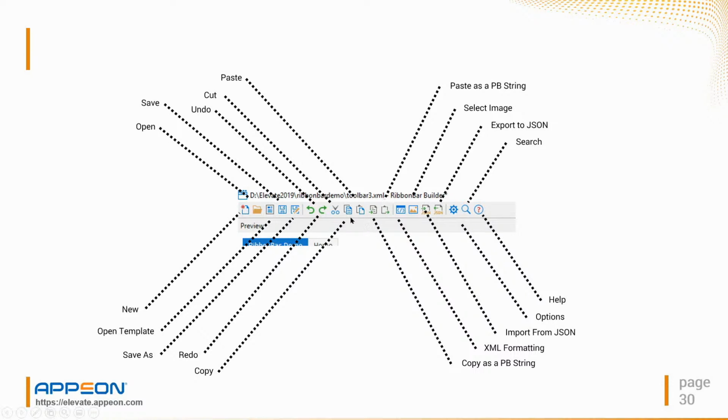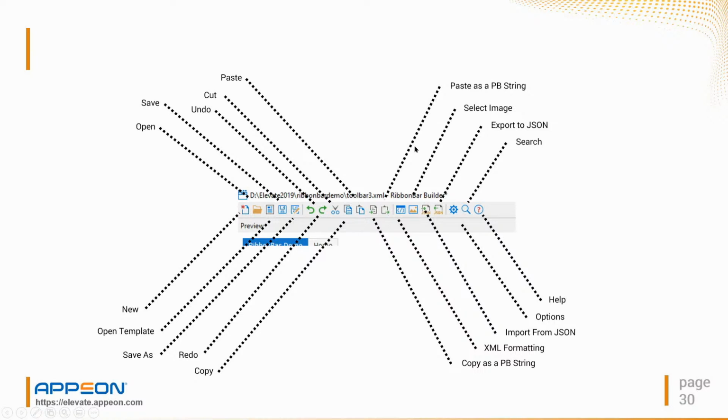The way you would do that is use this copy as PB string function, which formats it correctly so that you could just paste it into a window event or window function someplace, and then call the function that creates the ribbon bar from that.